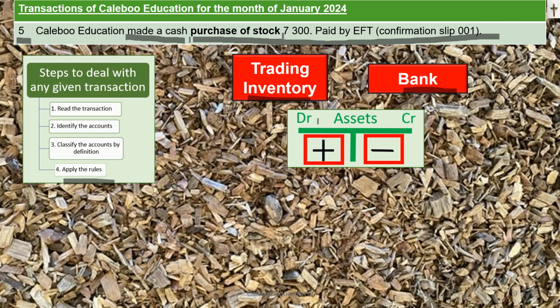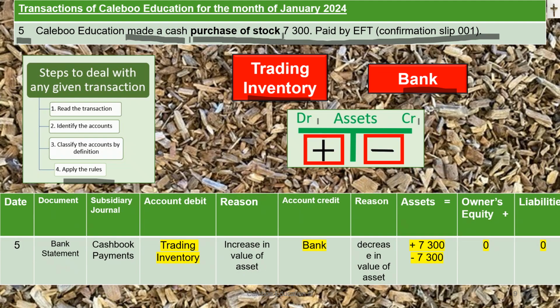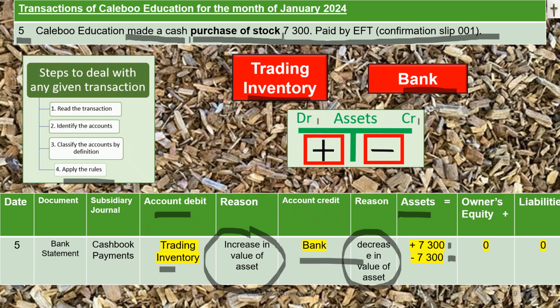So trading inventory was debited and bank was credited. And if we have a look, account debit, trading inventory. Account credit, bank. They're the reasons which I have just mentioned. Under assets, you got a plus and a minus. 0 under owner's equity, and we don't owe anything as a result of this transaction. No liabilities.